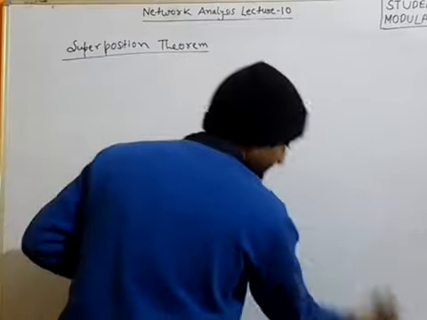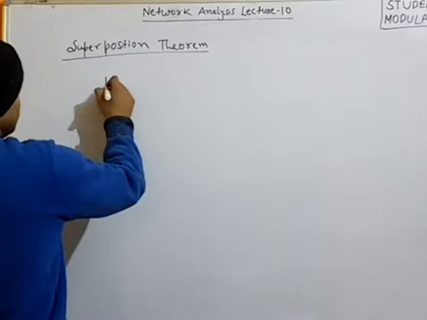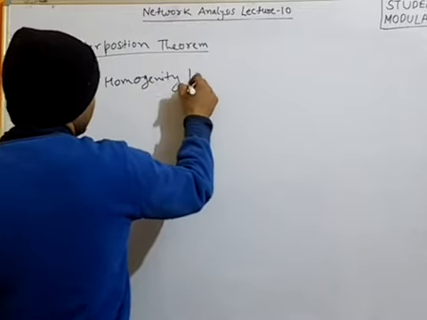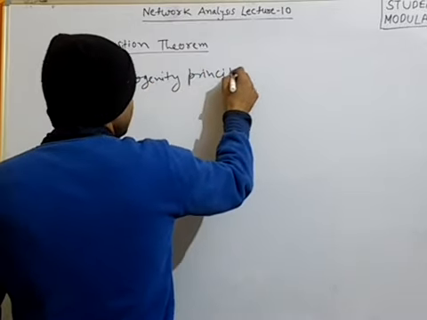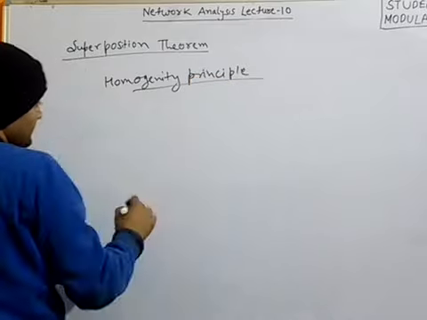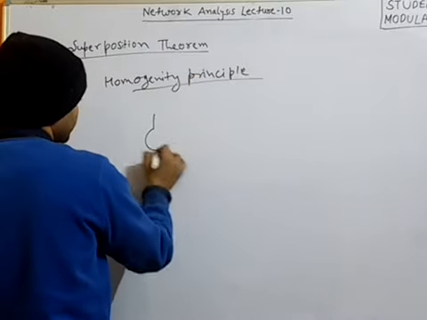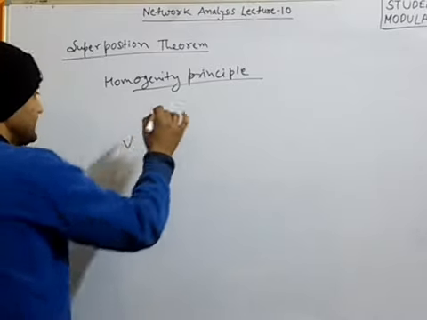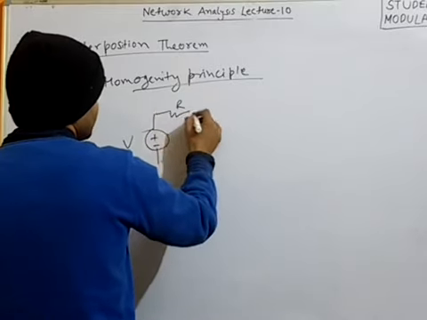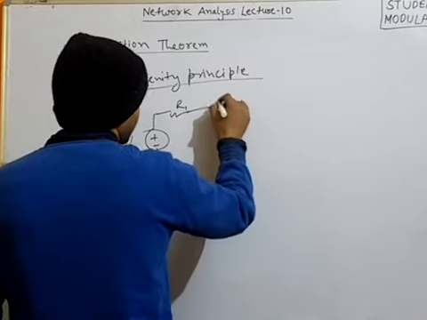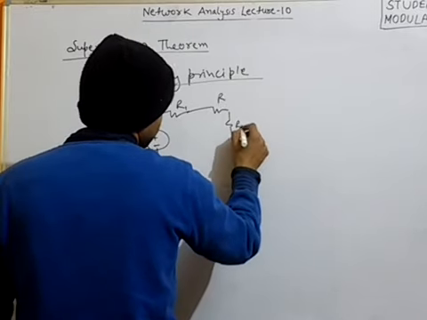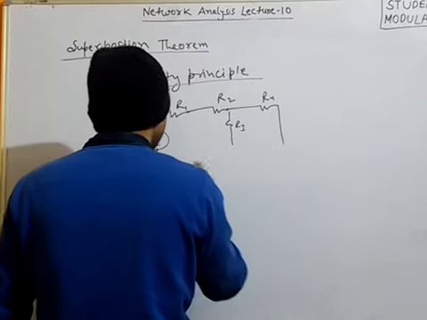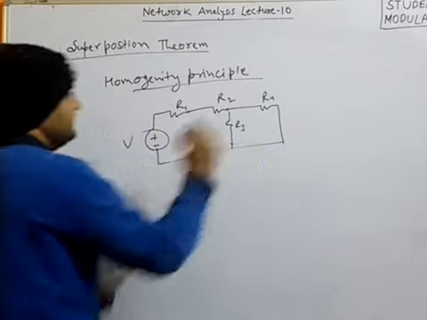So here we have the homogeneity principle. According to this principle, if we have any voltage source, means any excitation, and there are so many resistances R1, R2, some R3 is here, some R4 is here, and so many other sources, other elements may be in the circuit.